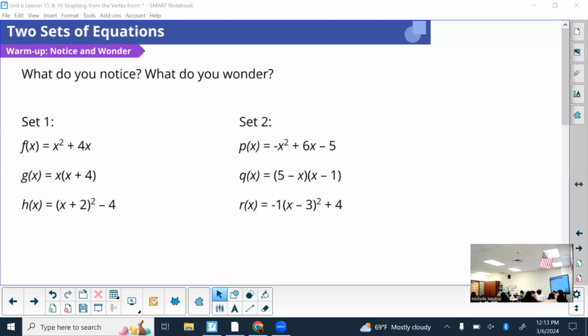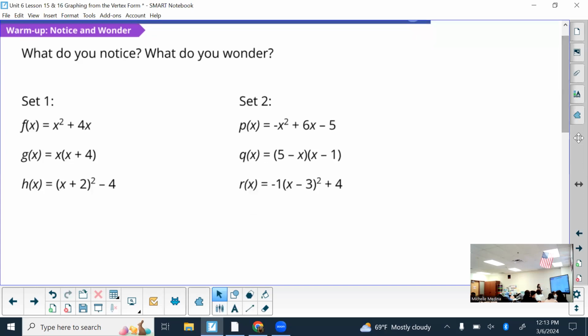2, we'll start with what is something that you noticed or wondered from these sets of equations? Not all of the equations have parentheses. The ones that don't have parentheses, what do we call those?